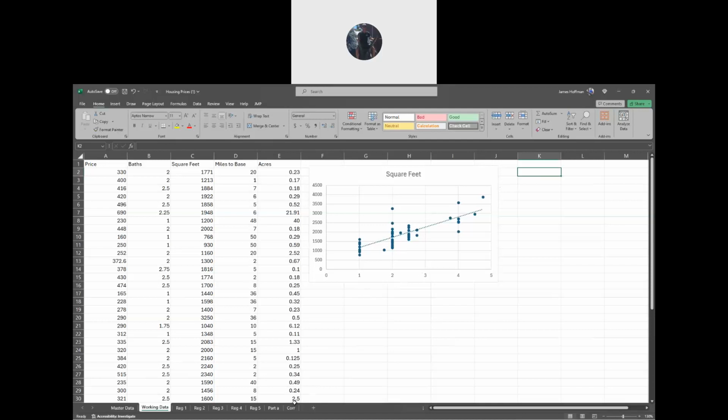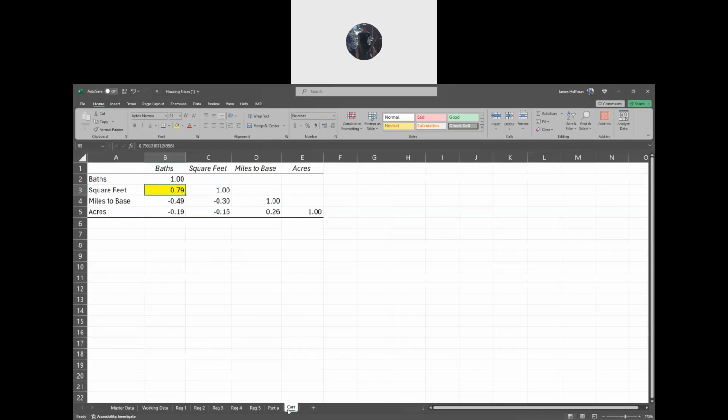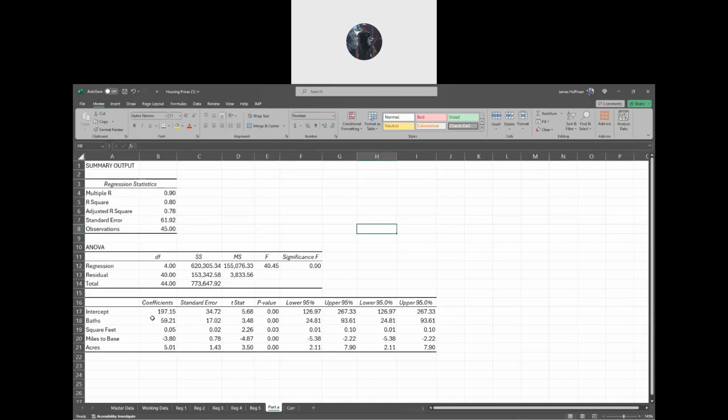So which one would we take out? We're looking at BAS versus square feet. Probably take out square feet because of the lower t-stat, right?